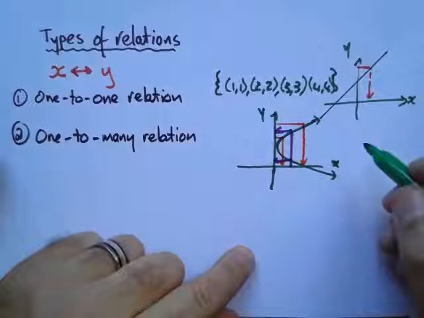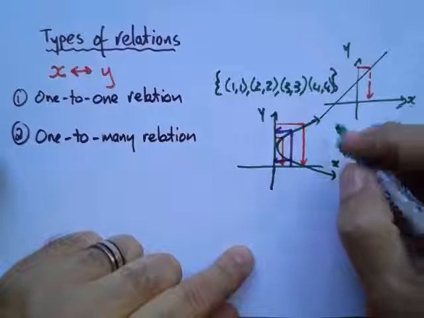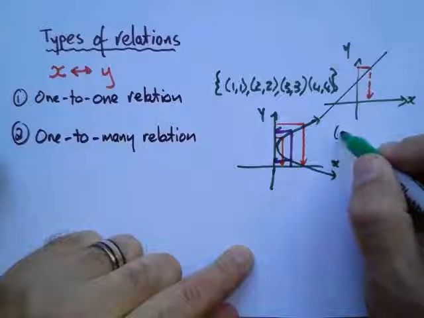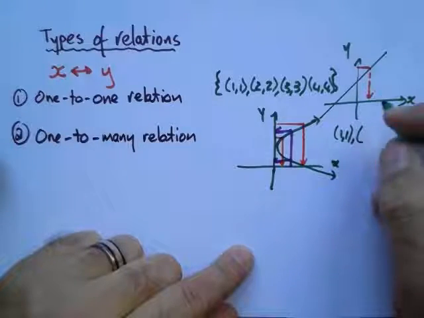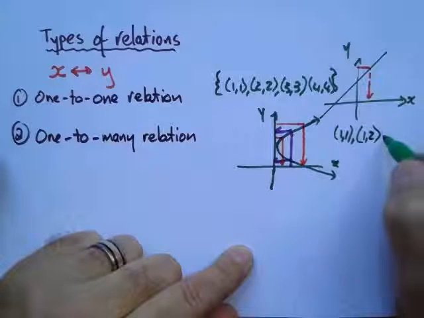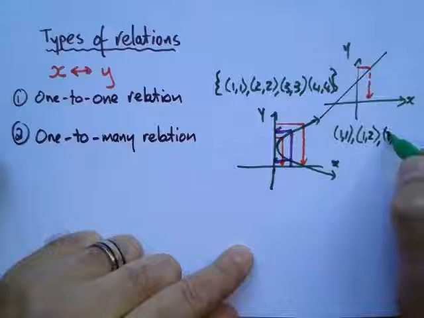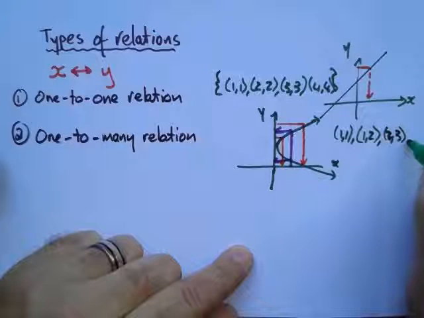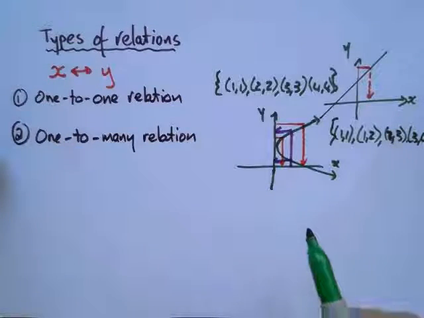Another example would be if they give us pairs like (1,1), (1,2), (1,3), (2,3), and (3,4). If they give us something like that, it is a one-to-many.